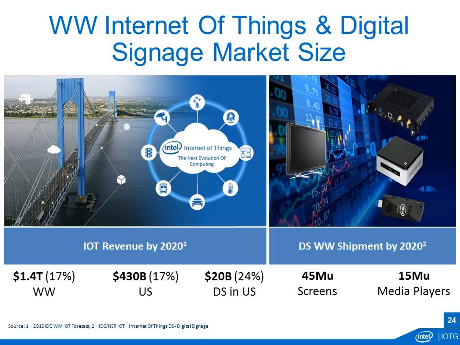And digital signage is very much part of Internet of Things. And per the market research from IDC, about $20 billion is what we see for the digital signage in the U.S. market and above. And by 2020, there will be about 45 million units of screen shipments and 15 million units of media players shipped.